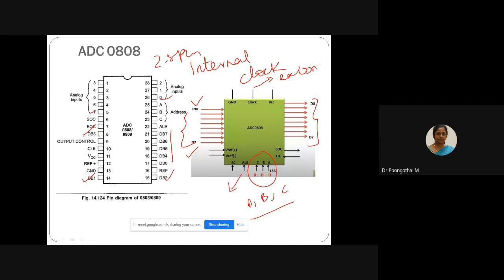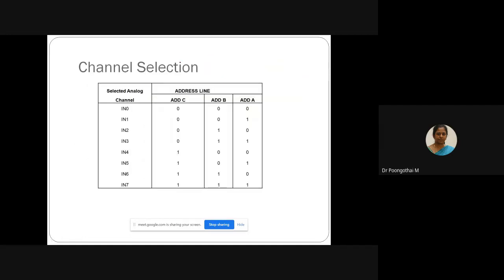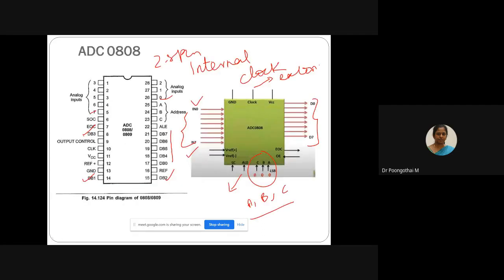So this is the table. Consider this as channel 0 to channel 7. This is the select line information: 000 selects IN0, 001 IN1, 010 IN2, likewise 111 selects IN7. In order to latch the address, the ALE pin is associated with this channel selection.